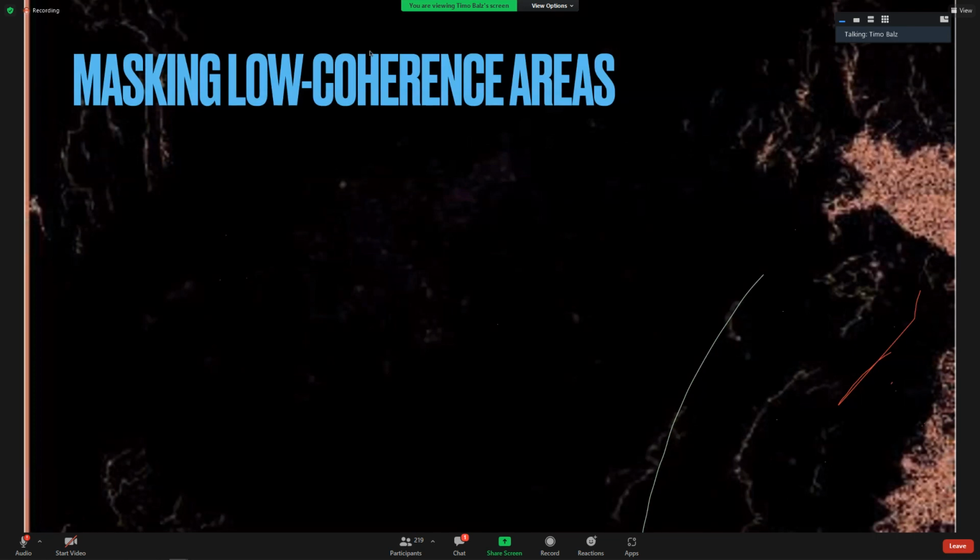Step one is basically, before we start phase unwrapping, what we normally want to do is mask out low coherence areas. So we take a look at the coherence image that we created, and we say, well, areas where we have very low coherence, we mask them out, because they will not give us good results anyway, right? We do not want to spend lots of time unwrapping noise, okay?